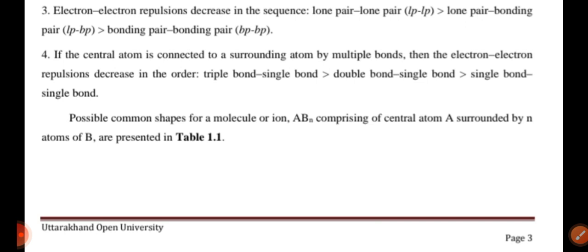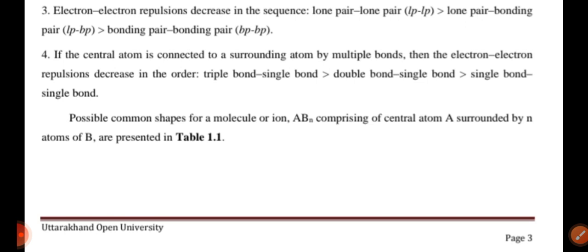If the central atom is connected to a surrounding atom by multiple bonds, then the electron repulsion decreases in the order triple bond-single bond greater than double bond-single bond greater than single bond-single bond.